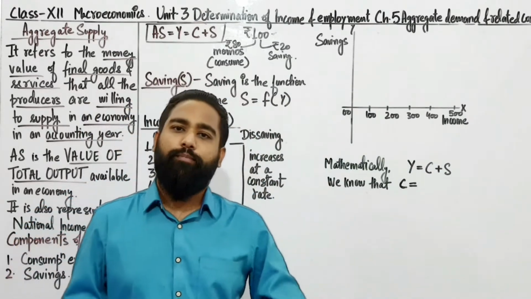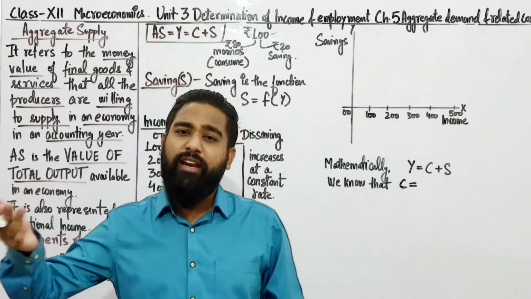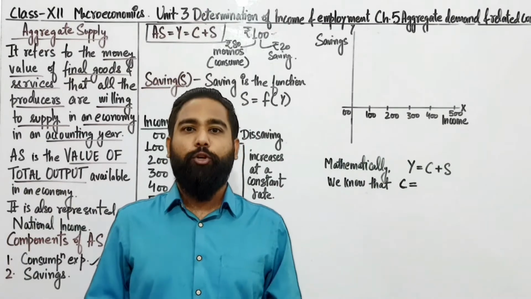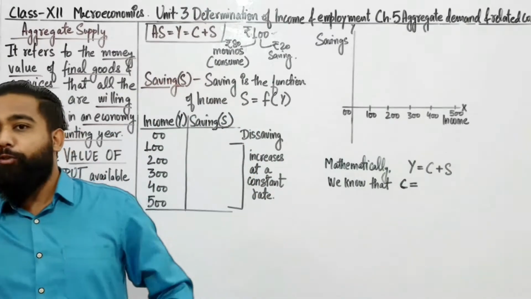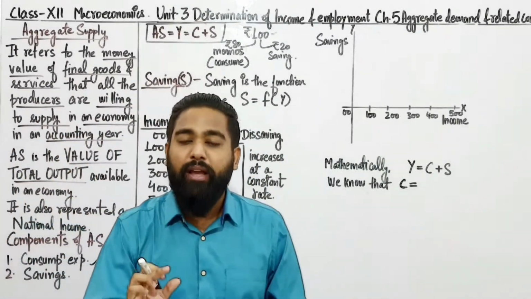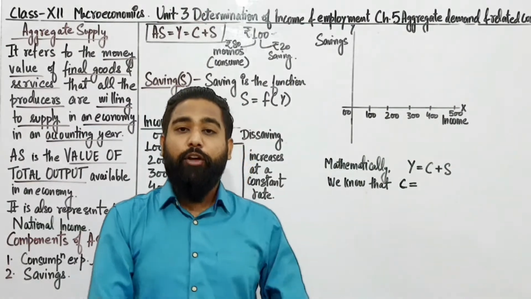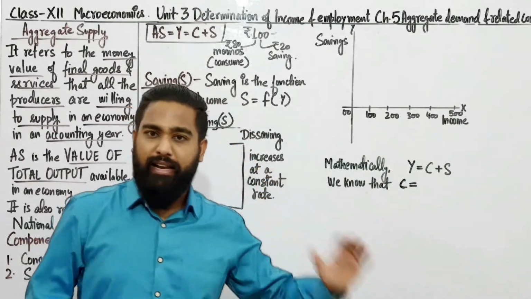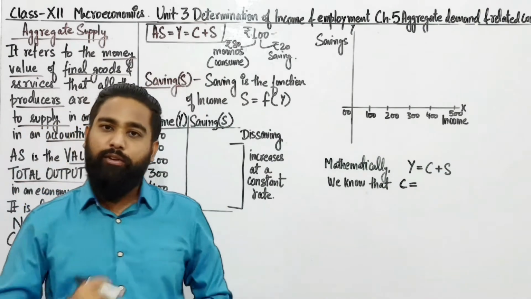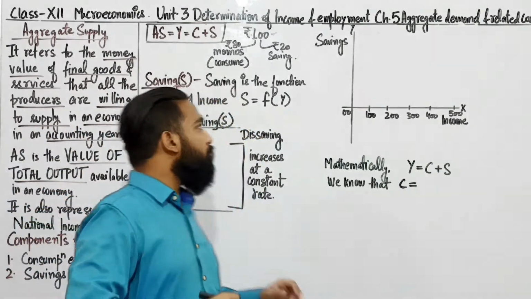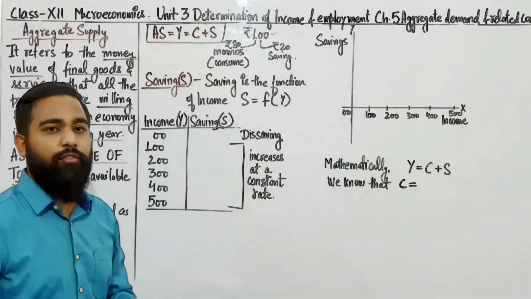Suppose you have 100 rupees, you are saving 20 rupees. Now you have 1 lakh rupees, you can save 20,000 rupees. So from 20 rupees to 20,000, how is it coming? It's coming from your income. If your income is low, you will save less. If your income is higher, you will save more. So saving is a function of income.